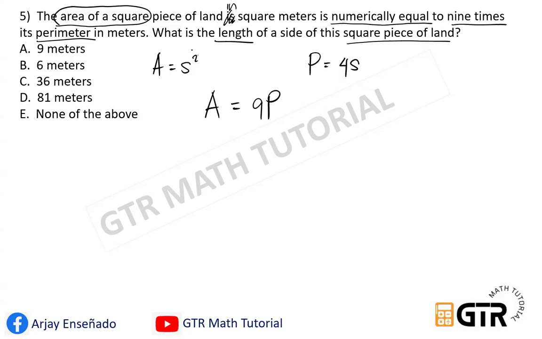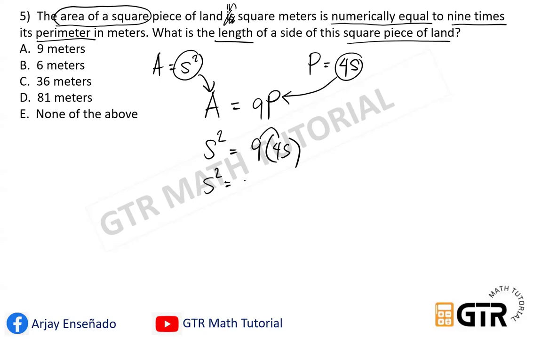The formula for area is S squared, so we have S squared is equal to 9 times the perimeter, which is 4S. Now we can find the length of a side of this square piece of land. So we have S squared is equal to, let's multiply, 9 times 4, we have 36S.